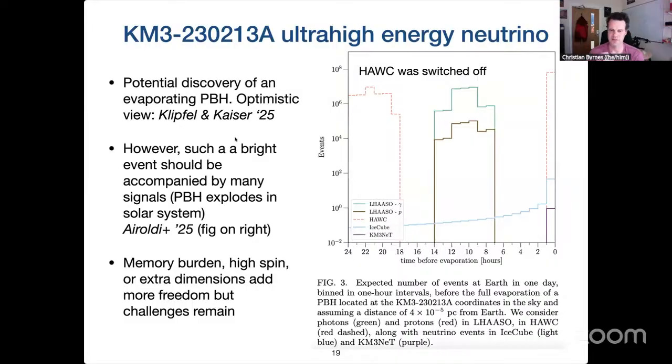Let's say you really do form an arbitrarily high energy event, then you can ask, well, when the black hole was 10 times heavier, the temperature was 10 times less. And the energy in the black hole, remembering E equals mc squared, was 10 times larger. Okay, a black hole 100 times larger would have 100 times more energy to evaporate. So for every ultra-high energy neutrino, you should expect vastly more lower energy neutrinos as well.